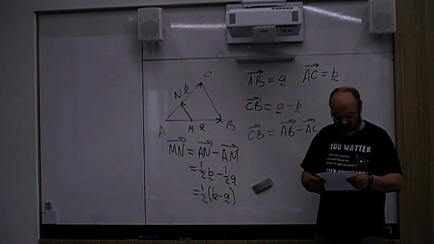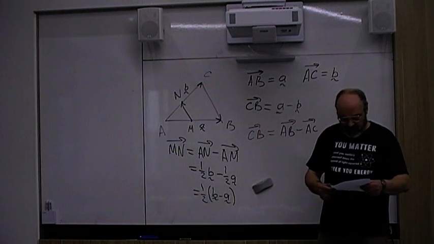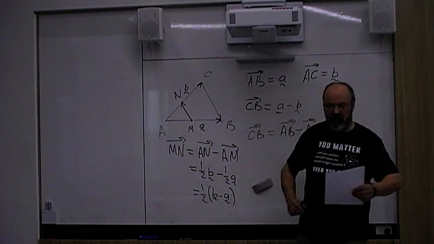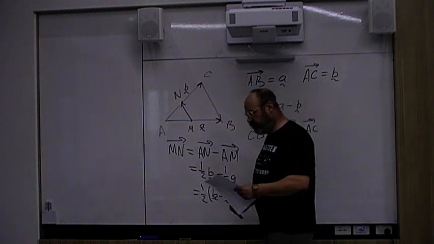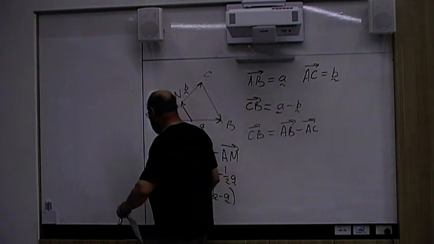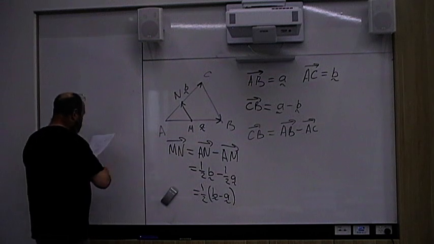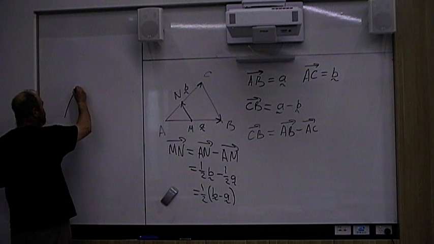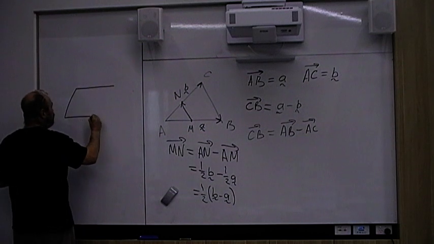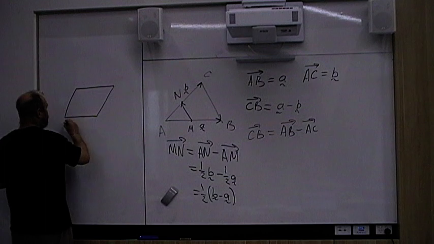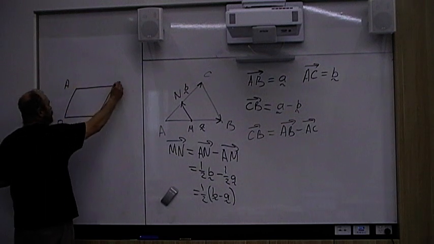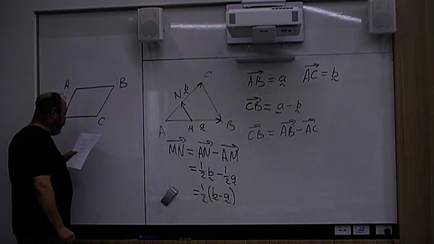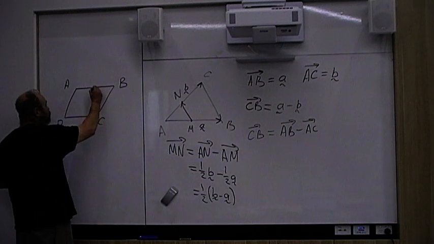And it's one example. Now turn to the next page, page 6. This is a super typical type of question, when you have a parallelogram and you need to find quite a few things. So we have parallelogram OABC, and also we have M, the midpoint of AB.